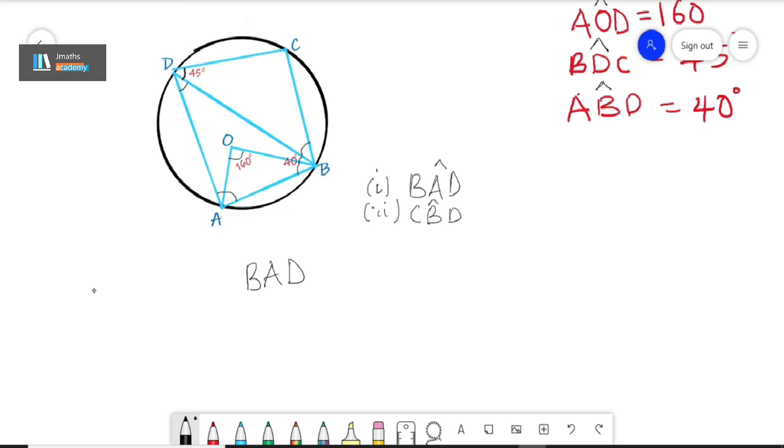So 160 divided by 2 gives the angle BDA, which is equal to 80 degrees.